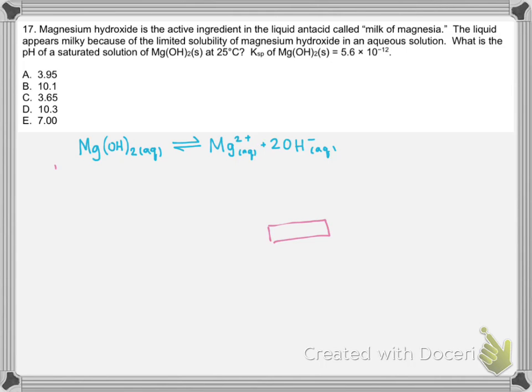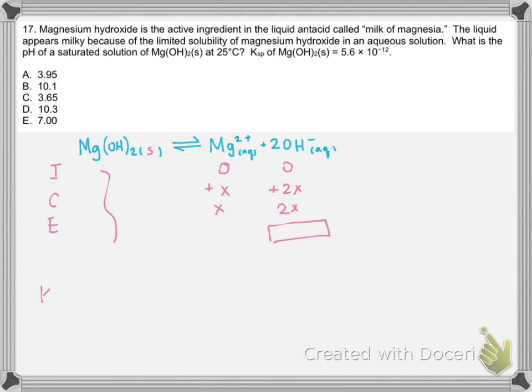So we'll use an ice table. Oh, I wrote aqueous, but this is of course a solid, because we're looking at solubility. And so we're not going to include it in our ice table. We didn't get told about either of these things to begin, so 0, plus x, x, plus 2x, 2x.